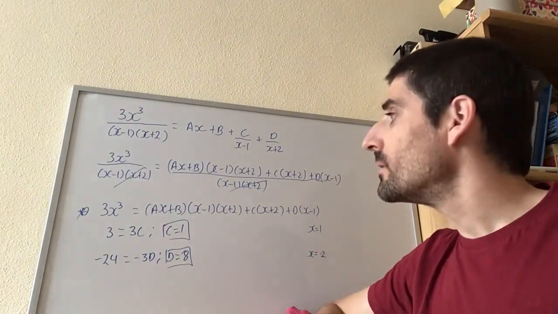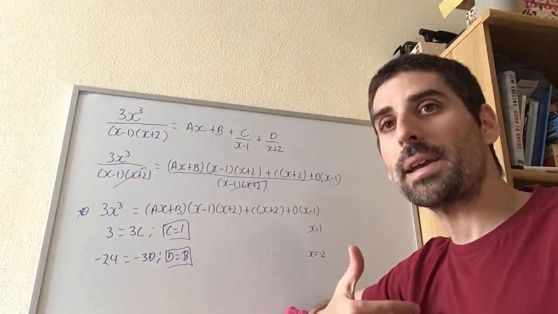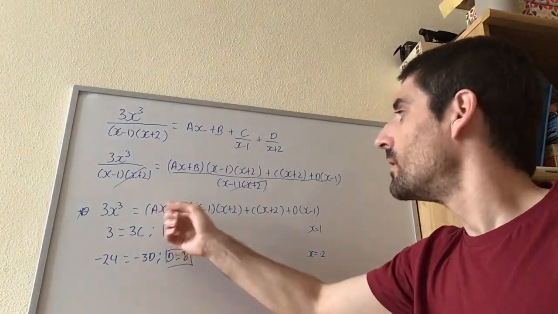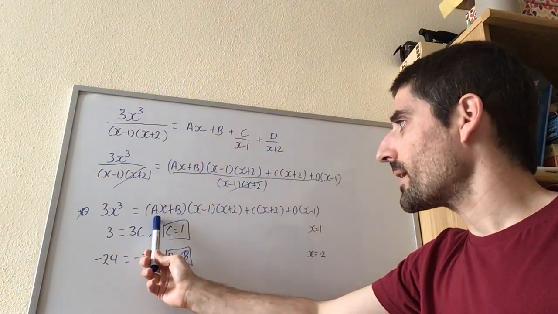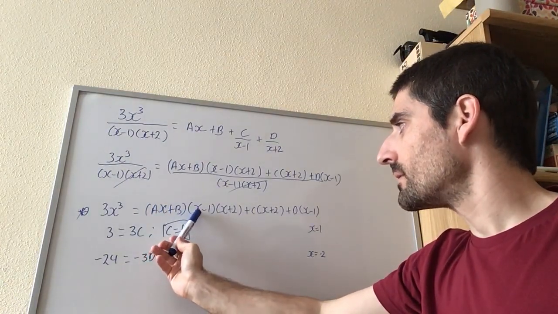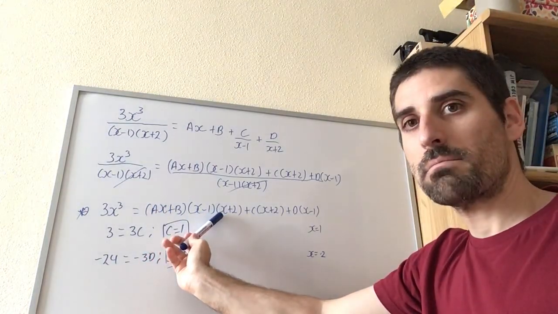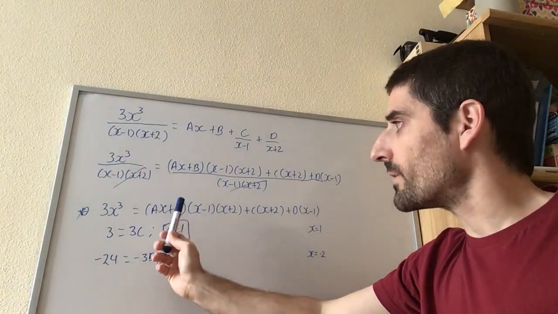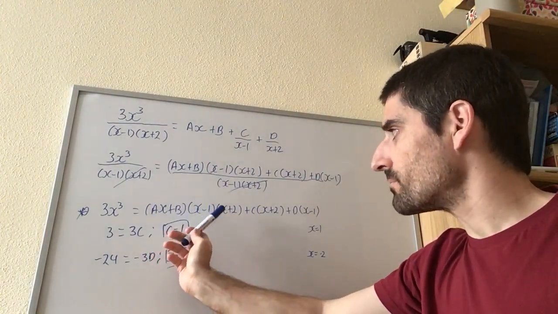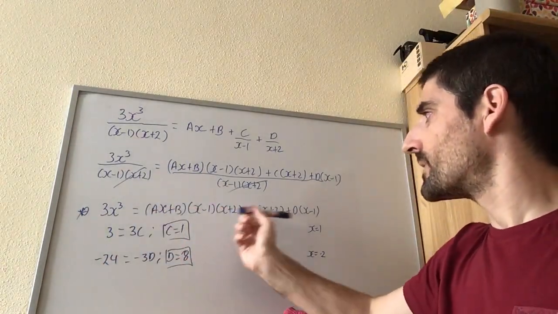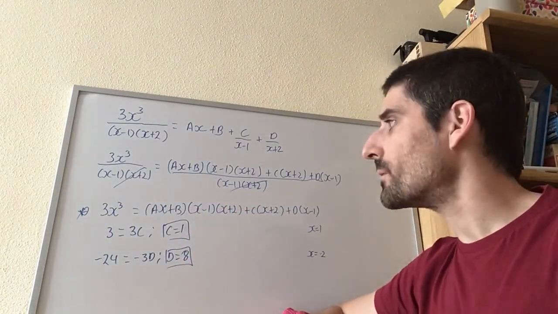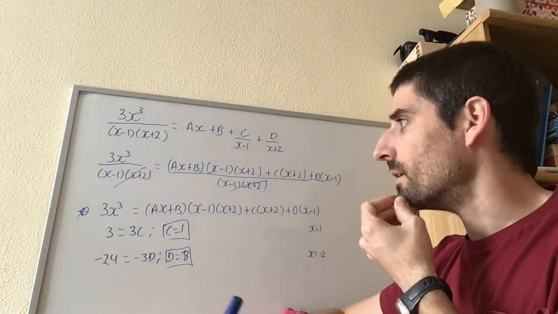The only way I'm going to get an x cubed term on the right hand side is when I multiply ax times x and times x, isn't it? Because if I do ax times x times 2, that gives me an x squared term. These terms here don't give me an x cubed term.